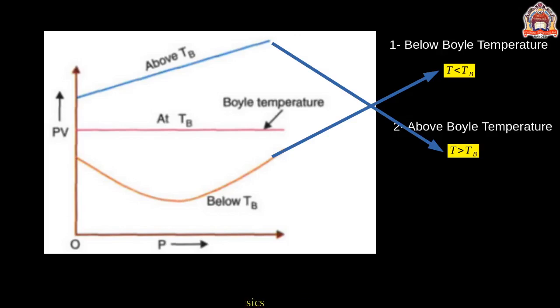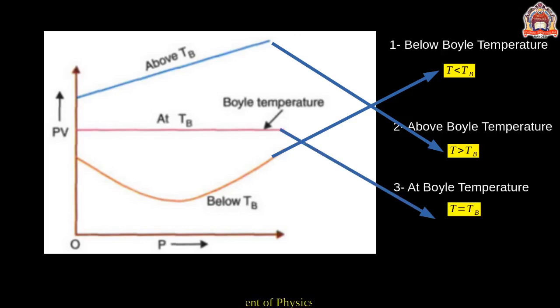It indicates that intermolecular attraction is now less significant. Then third, at the Boyle temperature, T is equal to TB, the product PV is almost constant for a long range of pressure. Thus Boyle's law is obeyed over a wide range of pressures.